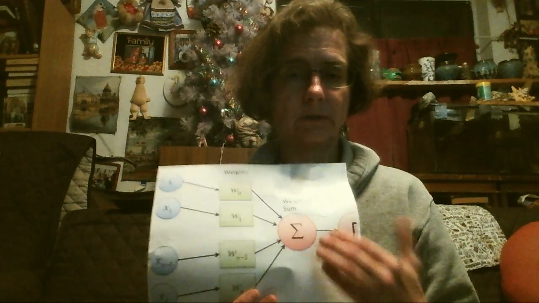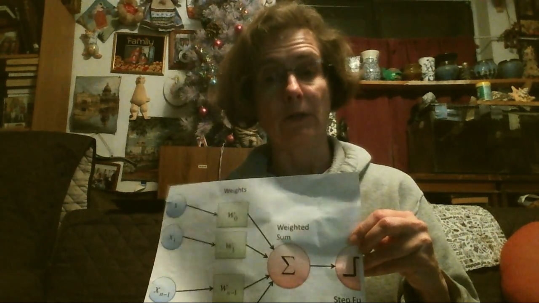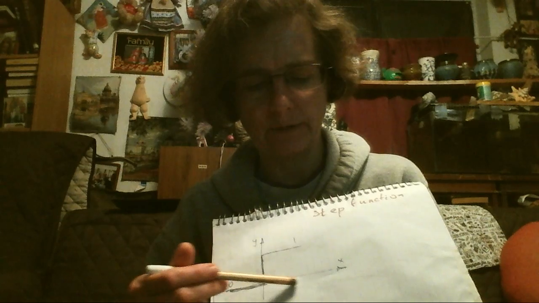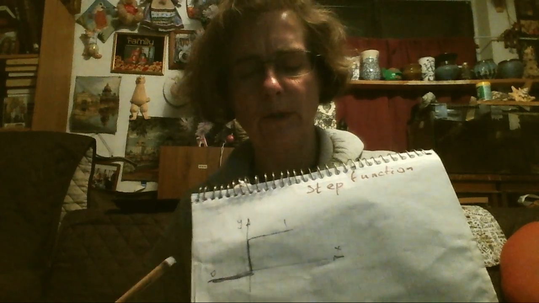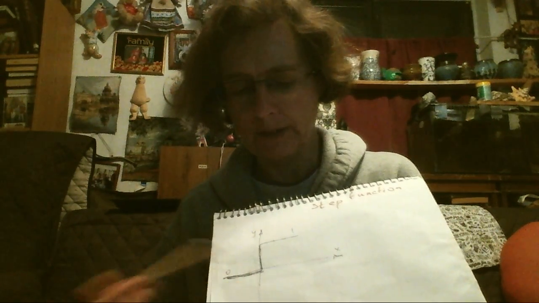In our perceptron, activation function is step function. Let's look at our activation function, step function, a little bit closer. I know you guys have seen it, but I just want to present it one more time. So our step function has output of 1 when our input values are 0 and above 0, and it has output of 0 when our input values are negative.